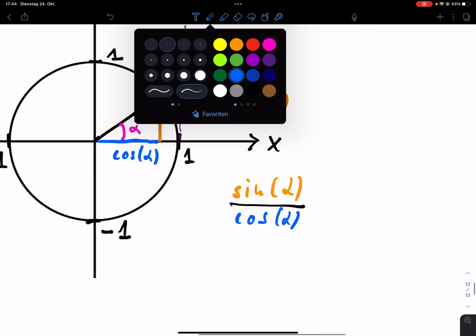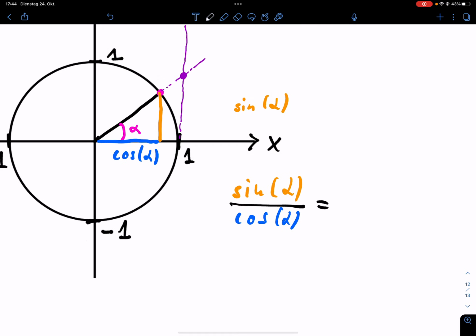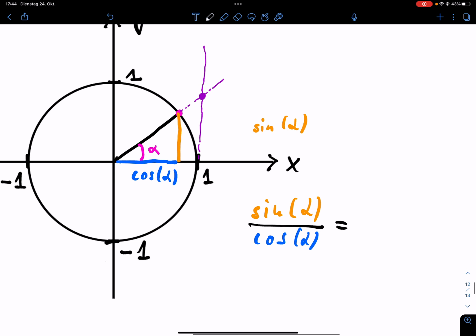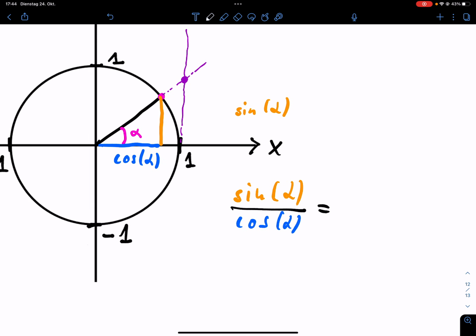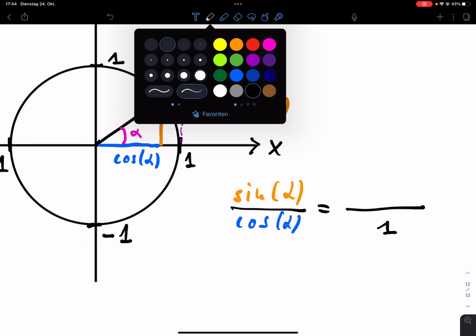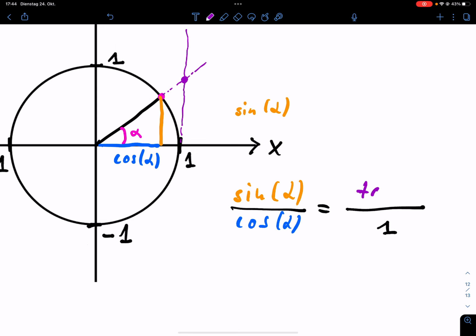And in the large triangle, here you can think about what happens. What you should realize is that the horizontal side in the large triangle is equal to 1 because it's part of the unit circle. So here it's bound to be tangent of alpha.